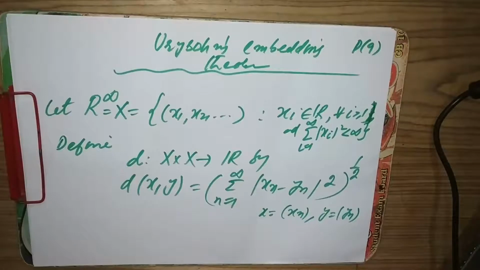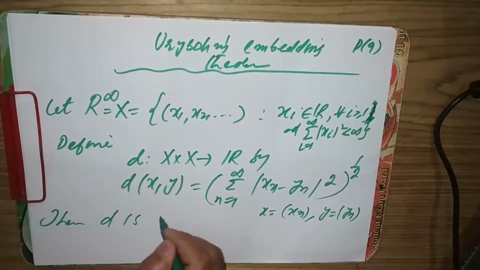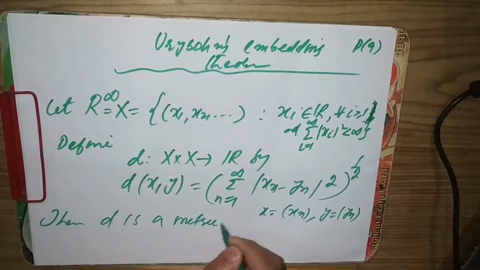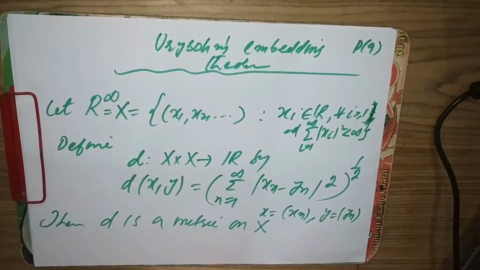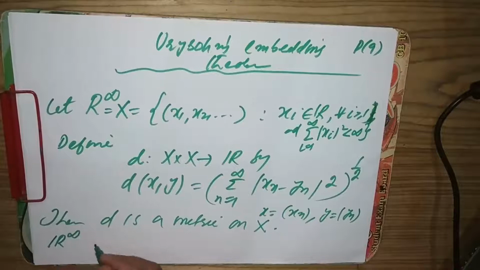Then this d is a metric on X. You can easily verify it. This X, R infinity, is now a metric space, and it is separable.